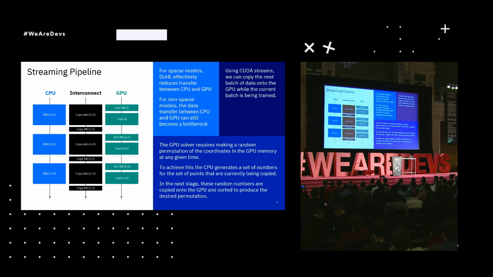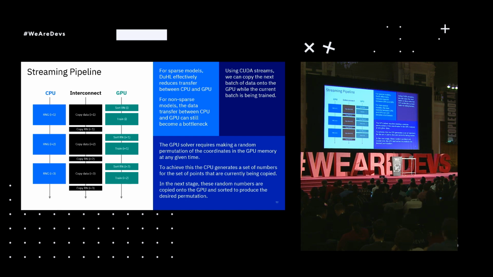So for this case, you can do something else, and you can actually design a streaming pipeline. As we said, the difference here is that when you are pushing one batch to the GPU, it is still working. What you want to do is hide the communication time, so the time that is needed to transfer this chunk of data to the GPU, behind the computation time of the GPU.